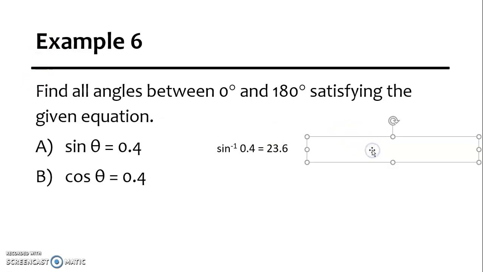Okay, so my answer was 156.4. So there are actually two answers to this, 23.6 degrees and 156.4 degrees. So what you're going to do is pause the video and try part B. Make sure to think carefully through whether there would be two answers or just one.